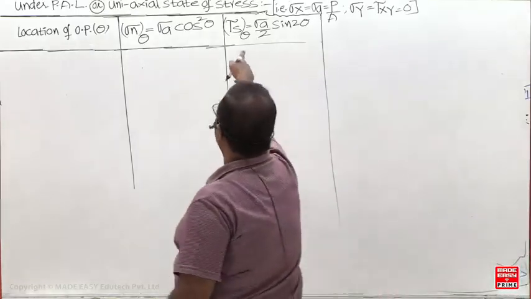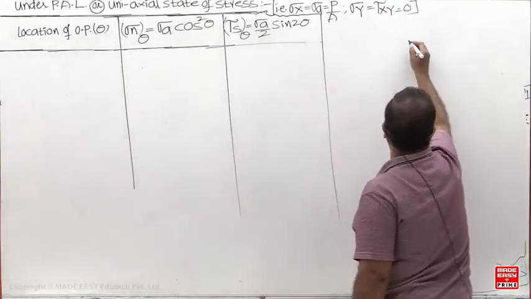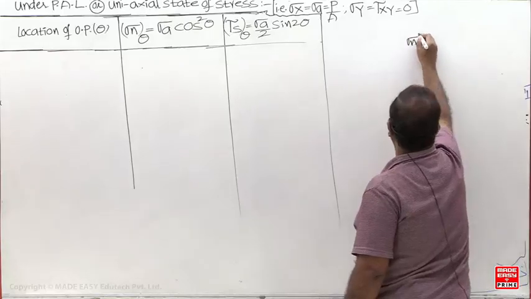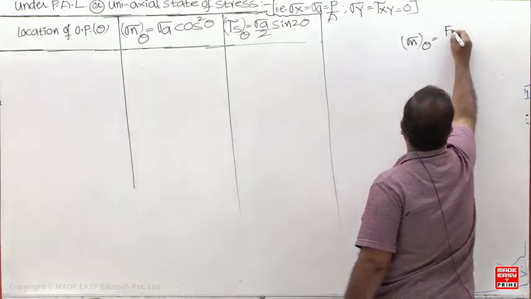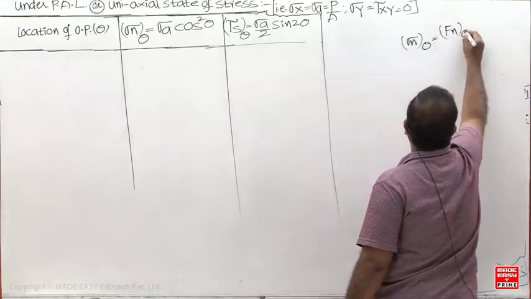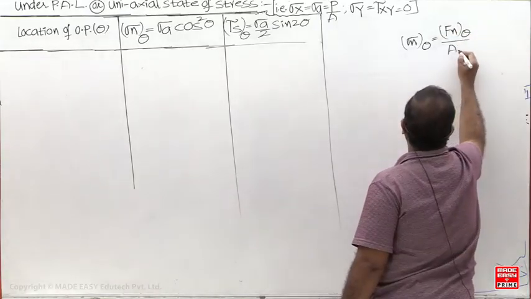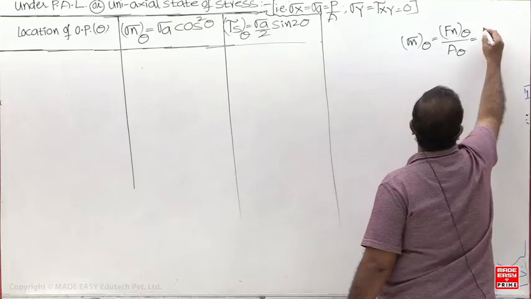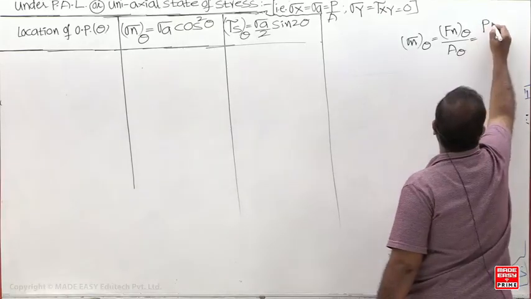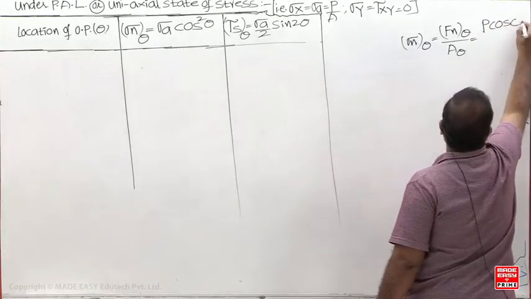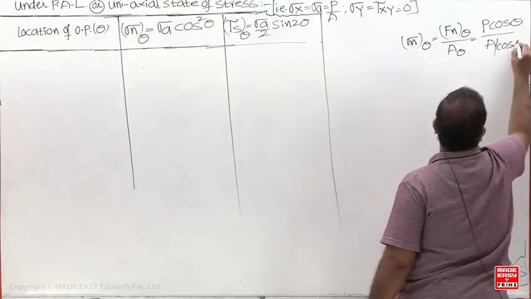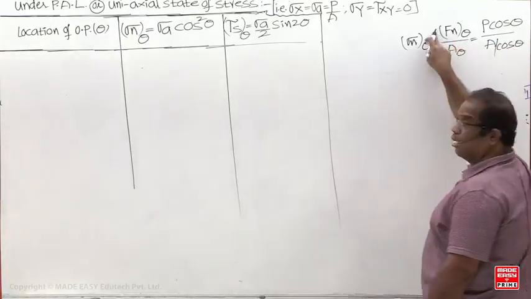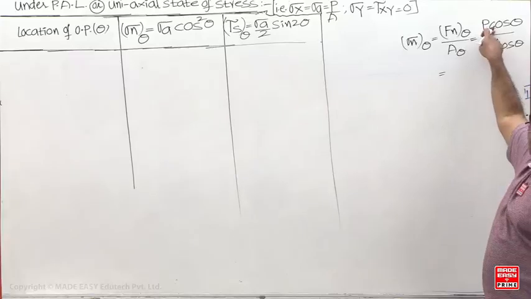Why are you getting a second order equation? Because yesterday we got the equation like this. Is load a vector or a scalar?